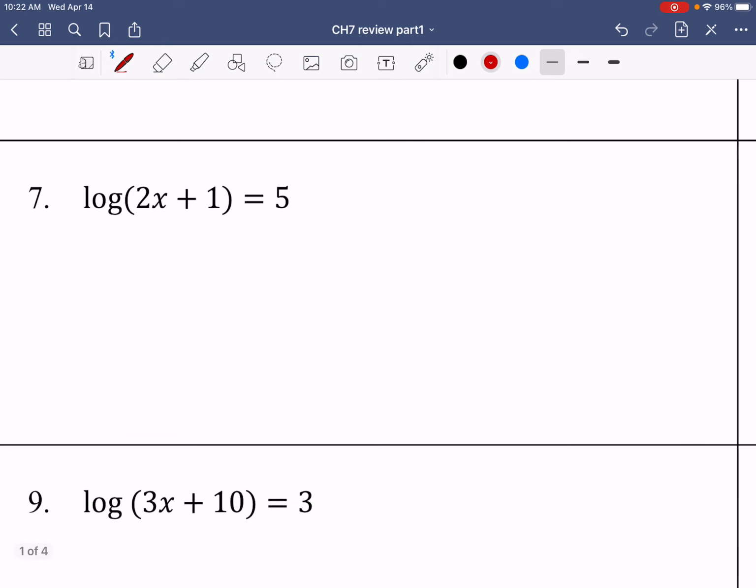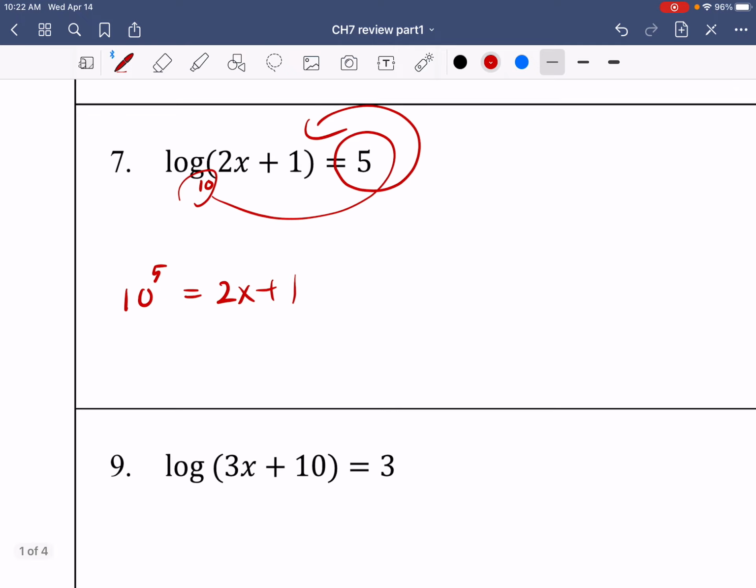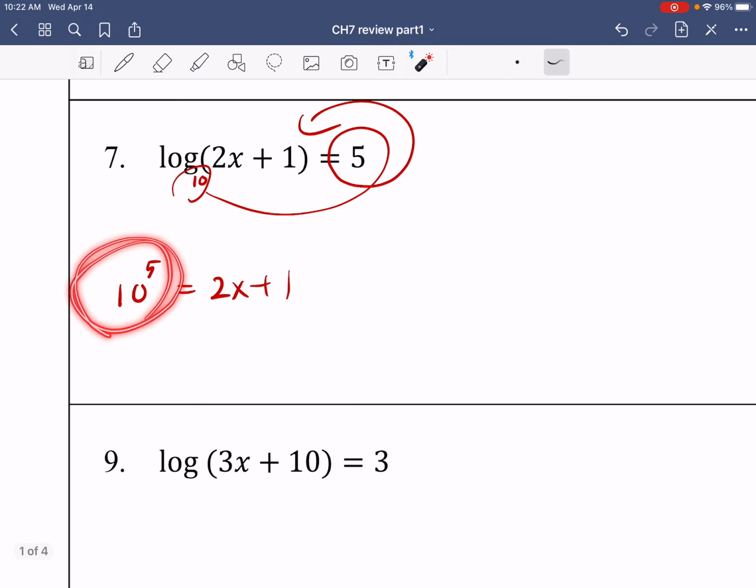Now, do you see this one doesn't have a base? Then there's a hidden number 10, okay? So you do 10 to the 5th power equals 2x plus 1. Now, 10 to the 5th power is a pretty big number, 100,000. So I don't want to do it.